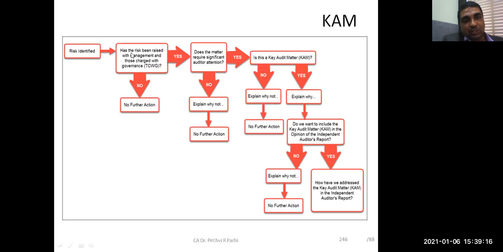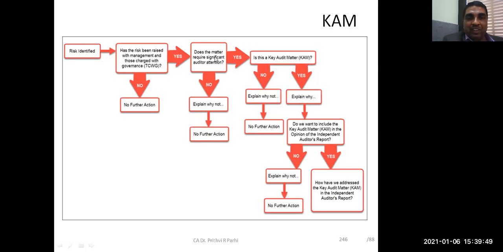Then the auditor has to judge, has the risk been raised with the management and those charged with governance? If it has not been raised, then no issue. If it is raised, then does the matter require significant auditor's attention? If it doesn't require significant attention, then just explain why, and no further action is required.